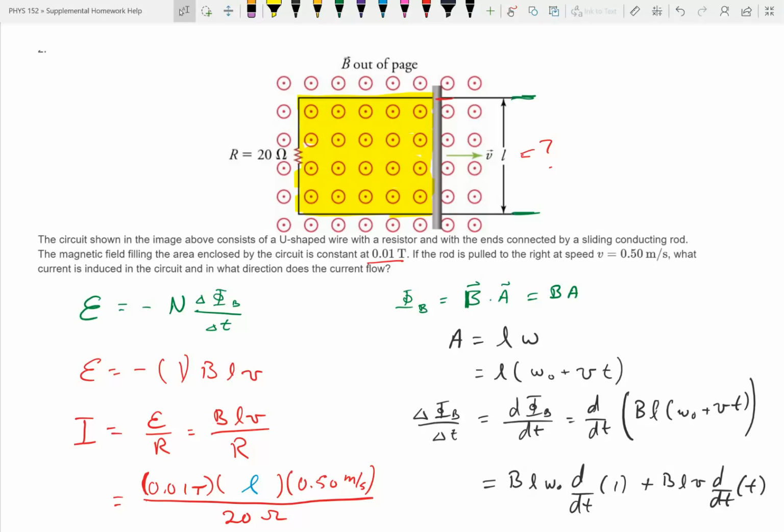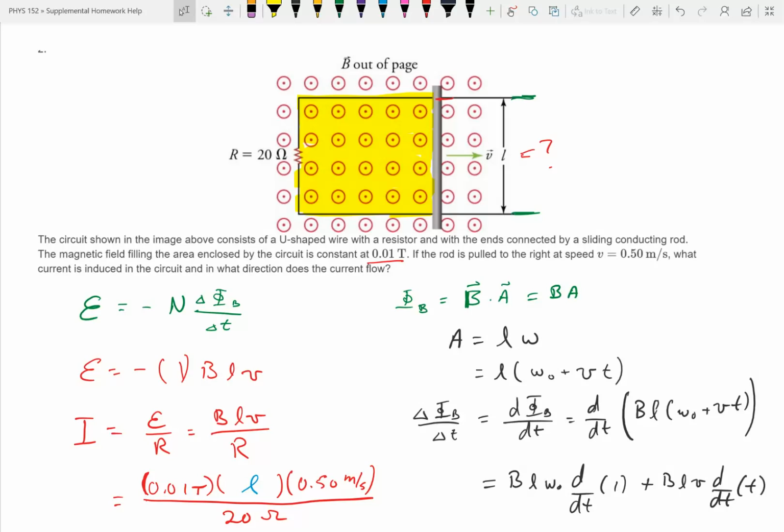Chapter 22, maybe. You would think that. Lenz's law. Where would I find that? Do you know? Which chapter? 23, I believe. Faraday's law and Lenz's law.